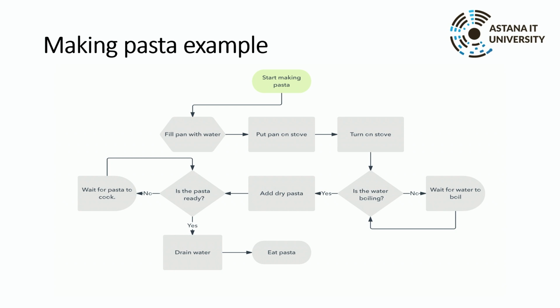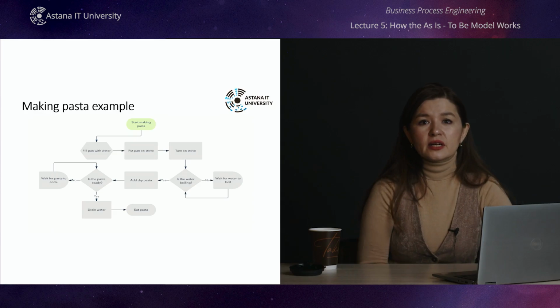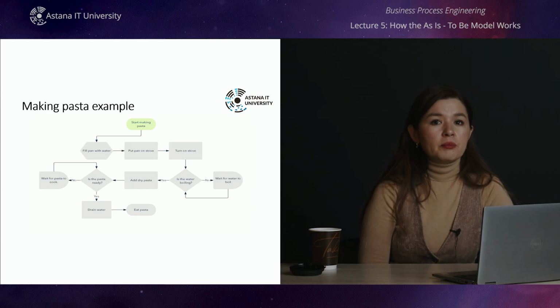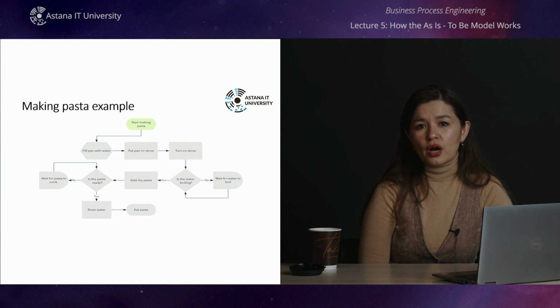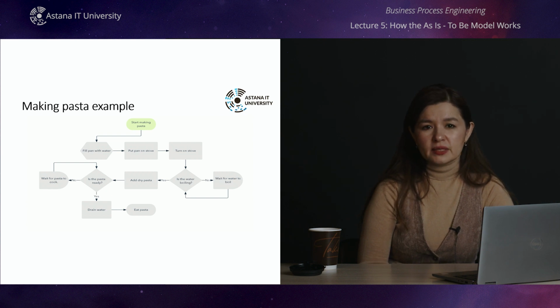The flowchart visually breaks down the process of making pasta in distinct steps. Each step is represented by a specific shape or symbol, making it easy to follow the sequence of actions. The flowchart highlights a starting activity, start making pasta, and a finished output, eating pasta.